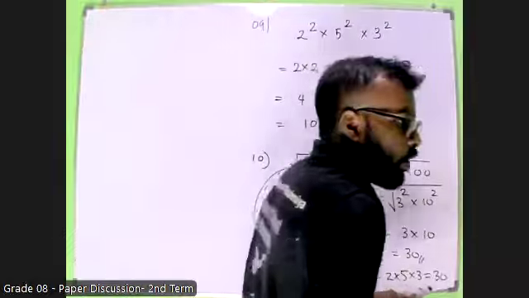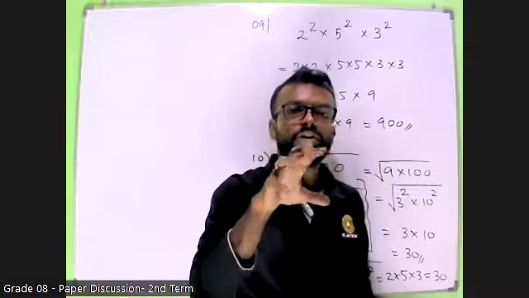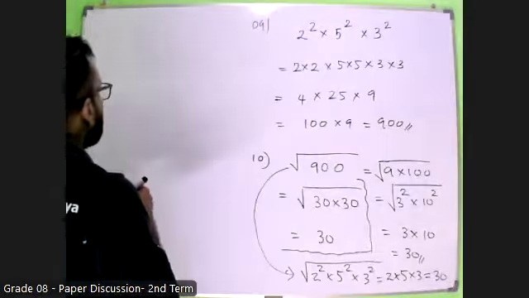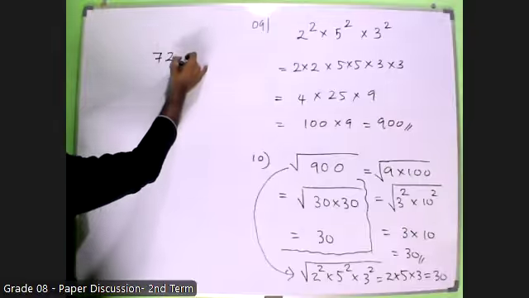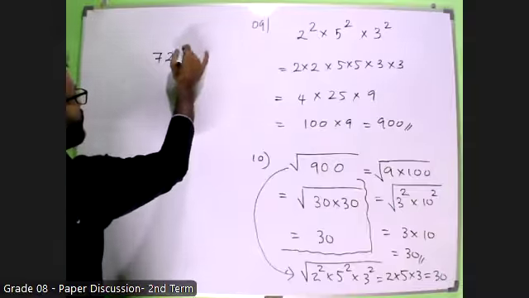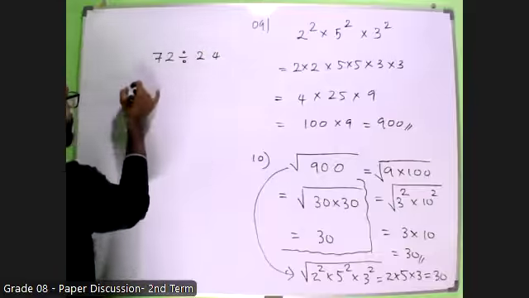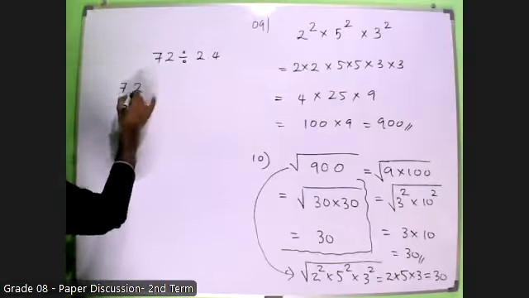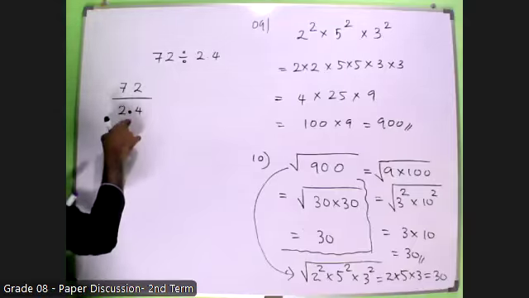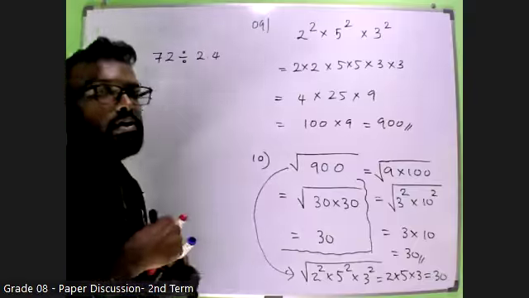Okay. So how many 2.4 meter length pieces can be cut using a 72 meter pipe, right? So you have to divide 72 by 2.4. You can write this in a different way if you want. Here the denominator is 2.4, a decimal number.